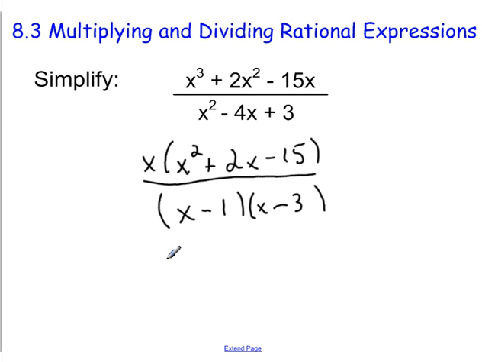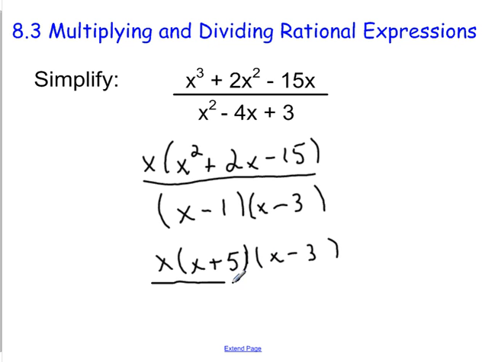Let's factor the top as well. So it's going to be x, and then the top is going to be x and x. And then what numbers multiply to negative 15 that add to positive 2? So it's going to be plus 5 and minus 3.